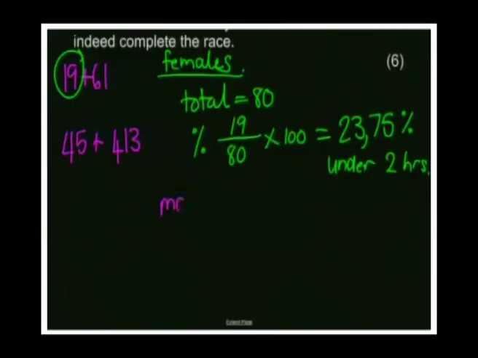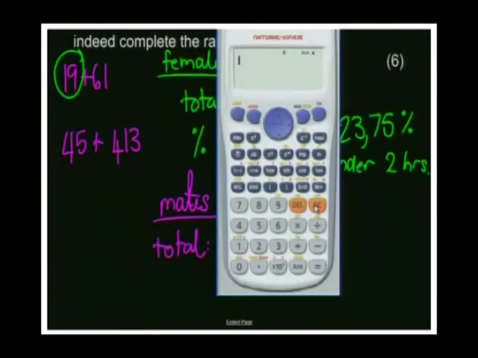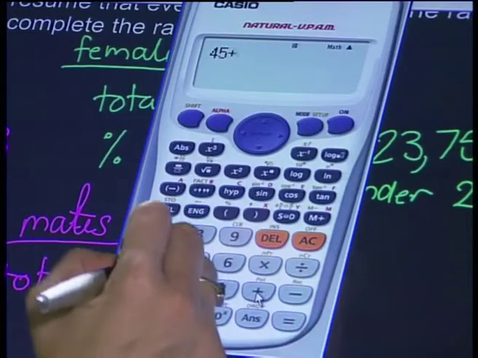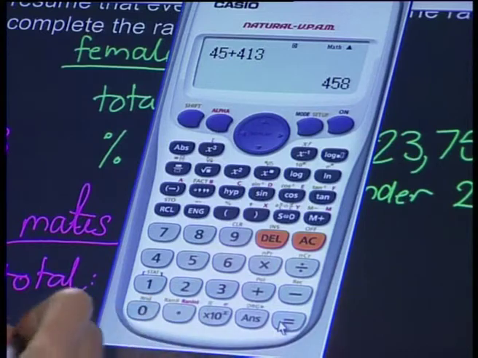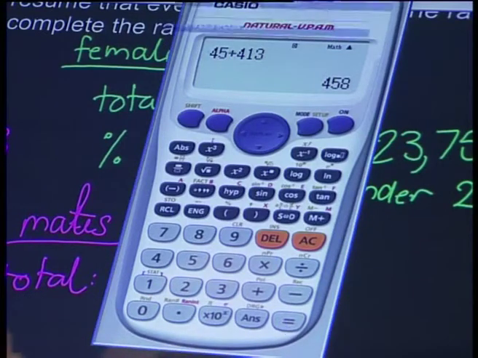Now let's have a look at the males. For males, let's find, oopsie, I've said here mates, I meant males. Let's find out the total amount of males. 45 plus 413, and we get a total of 458.